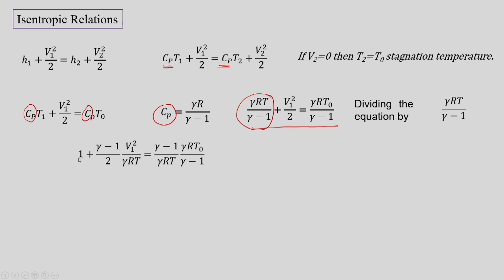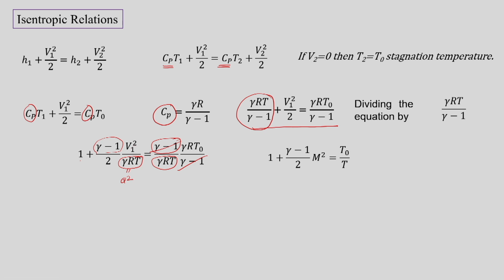Therefore, this term will be 1 and we will have gamma minus 1 in the numerator and gamma R T in the denominator. The same thing happens on the right hand side as well. So, practically this gamma minus 1 and this gamma minus 1 will cancel, and we have gamma R T is equal to A square, as what we have derived.